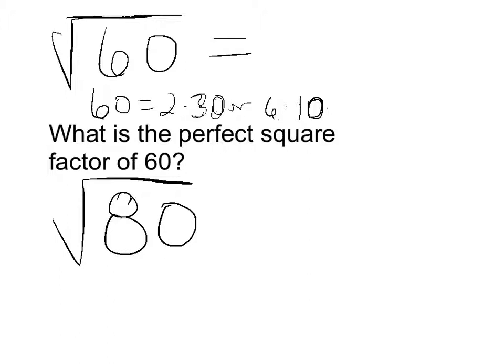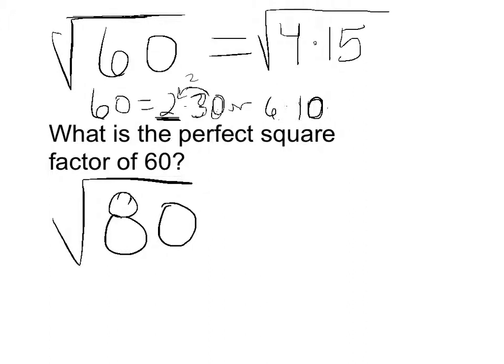And so instead, if we think 2 times 30, there is a 2 in the 30. If we move one of the factors of 30, which is a 2, into the 2, then we get 4 times 15.